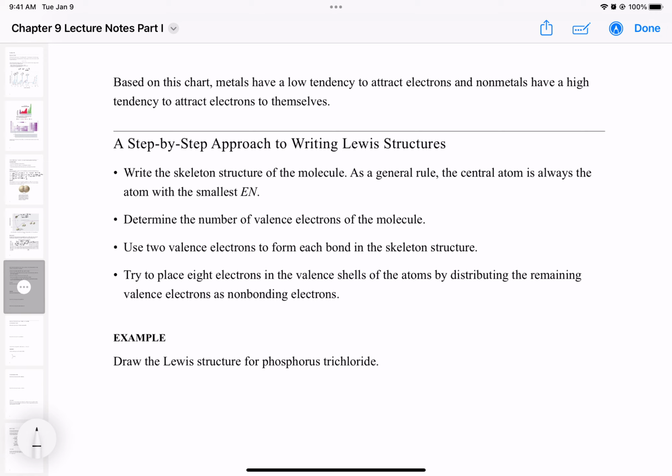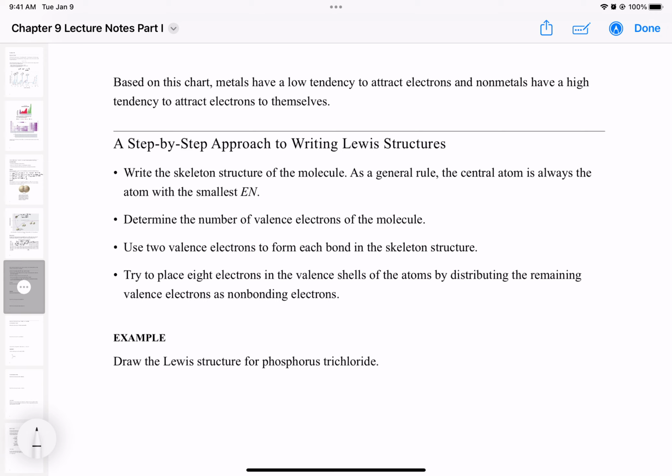Okay? So first we determine the number of valence electrons of the molecule. So I'll go over how to calculate that in our example. And then the general rule here is we use 2 valence electrons to form a bond in the skeleton structure. So let's distribute the valence electrons in bonds first, and then we account for the rest of the electrons.